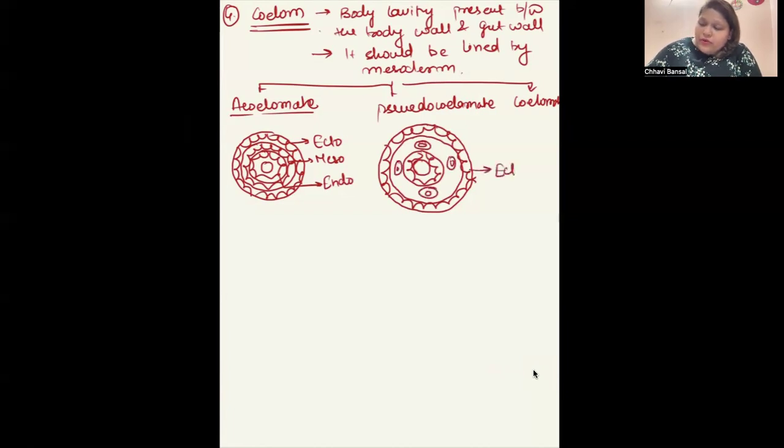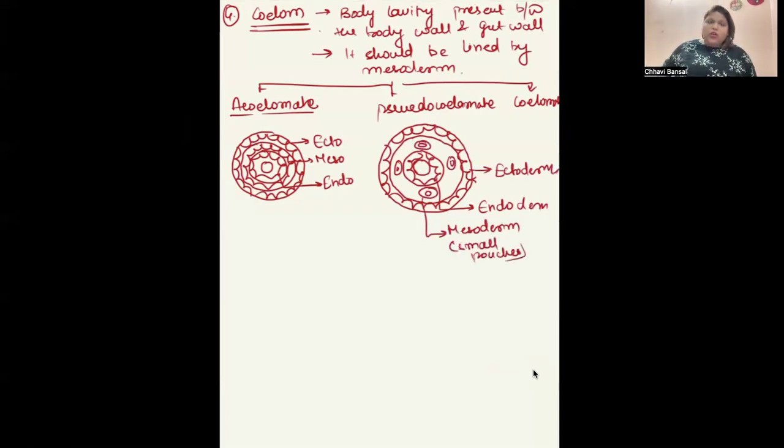This is endoderm, and these are the mesoderm in small pouches. It means there is a body cavity present between the body wall and the gut wall. The first condition is satisfied, but the second condition is not satisfied. It is not lined by the mesoderm. That's why they are called pseudocoelomate.